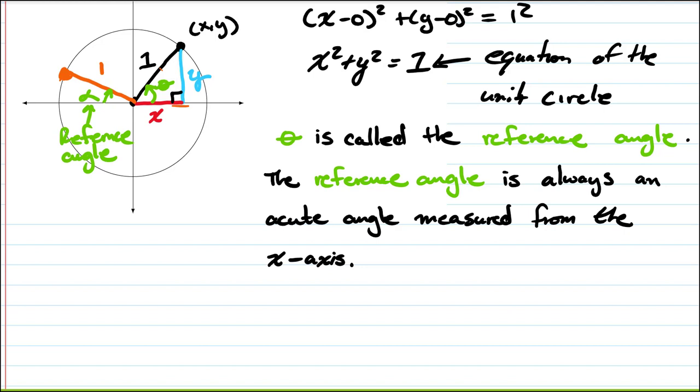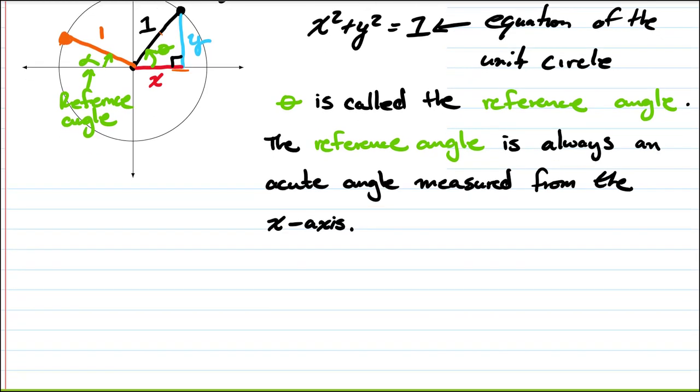If we go back to this reference triangle in quadrant 1, and think back to last time, what's the definition of the sine of theta? Sine theta by definition is opposite over hypotenuse. But our hypotenuse, since we're on a unit circle, is 1.